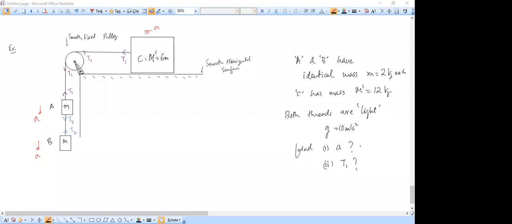The acceleration should come out 2.5 meters per second square. And therefore this tension T1 should come out to be 30 newtons. Okay. So anyway, let us see why.